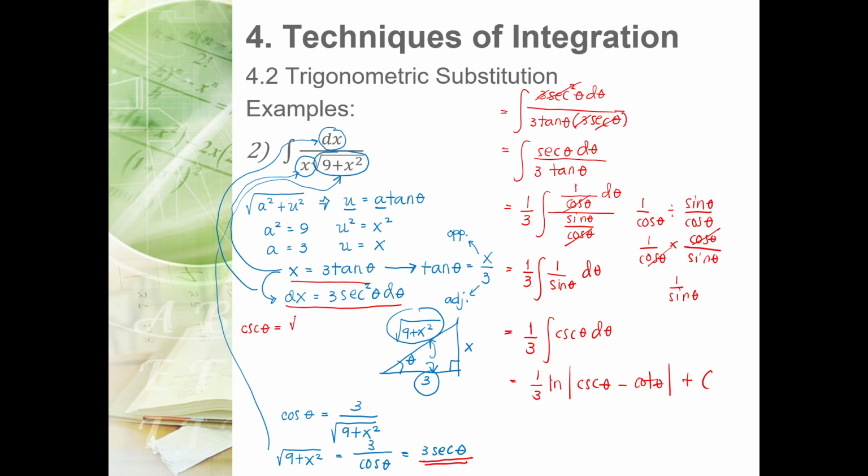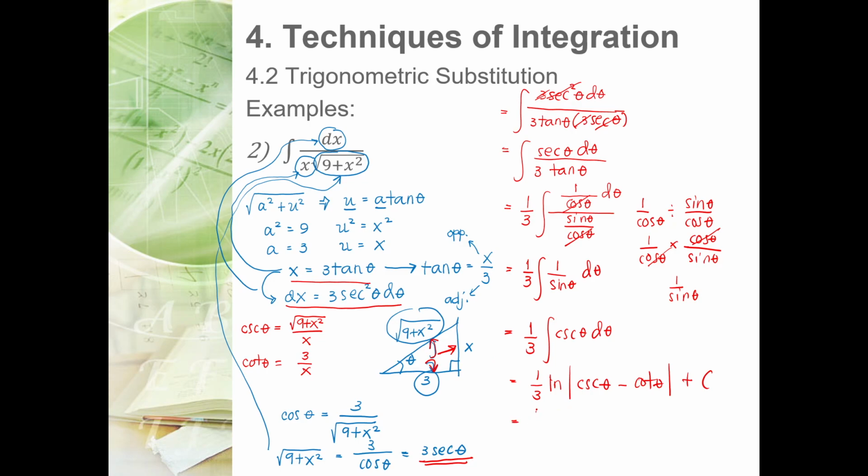So that will be the square root of 9 plus x squared all over x, right? So hypotenuse all over the opposite side of the angle. So cotangent theta is adjacent side all over the hypotenuse. So that will be 3 all over x.